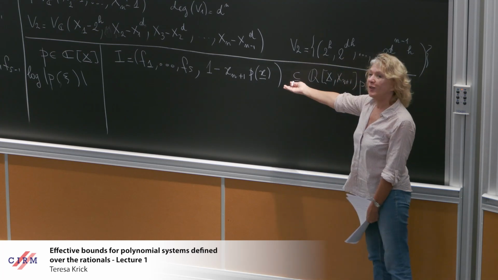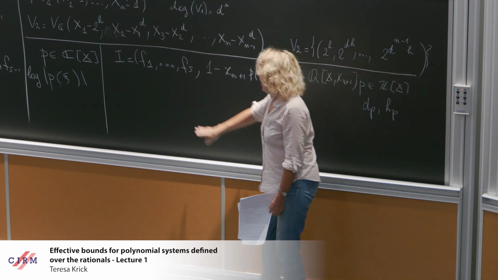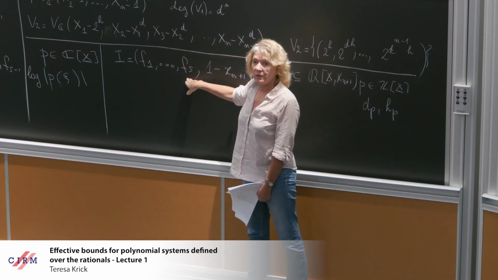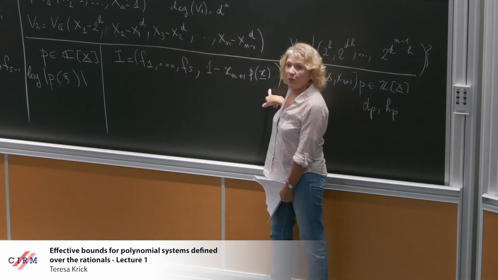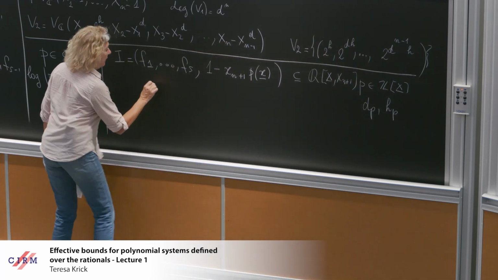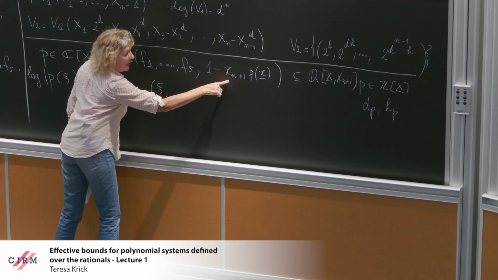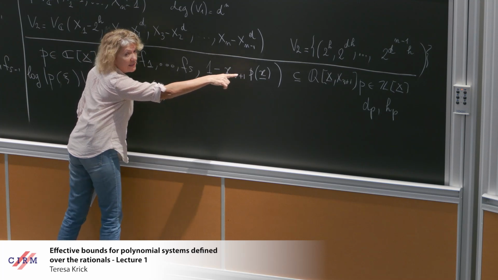And who are the zeros of this ideal? The zeros of this ideal are the original zeros, and also you have to have a 0 here. So the zeros are the original zeta and 1 minus x_{n+1} p of zeta.